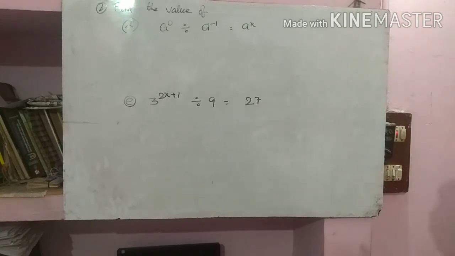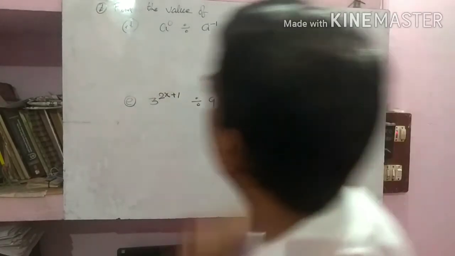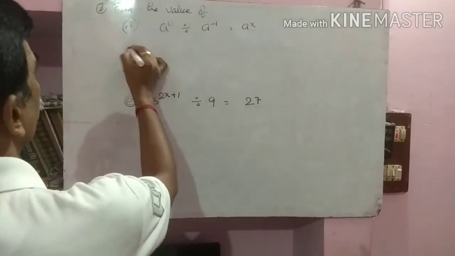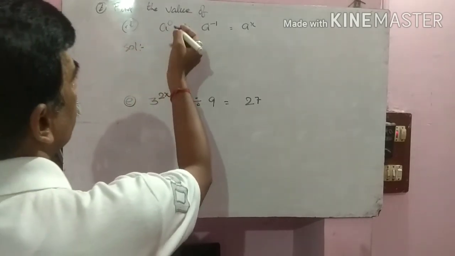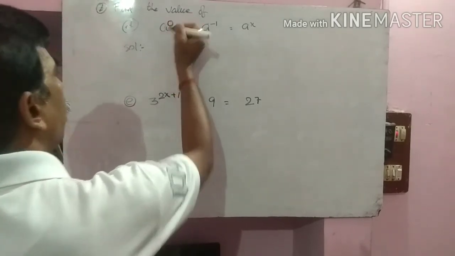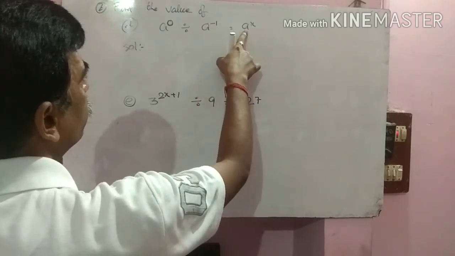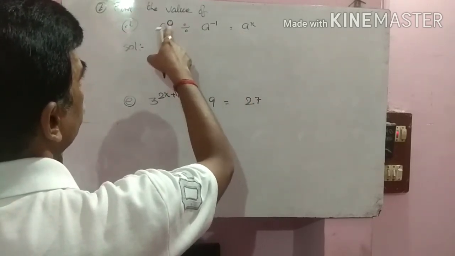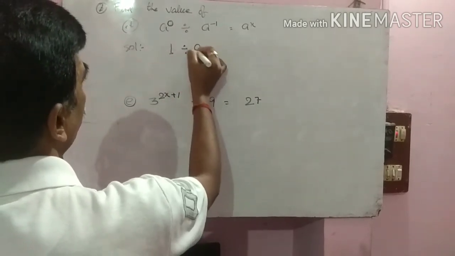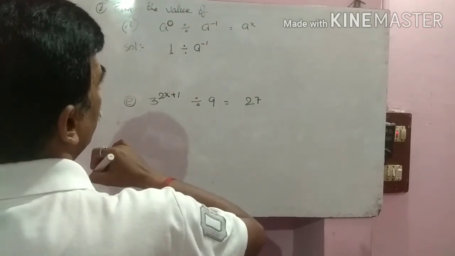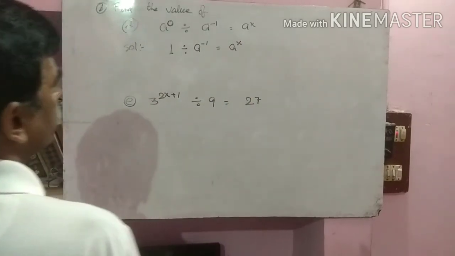Look here, question number D. We have to find the value of x, as given a to the power 0. As you know, if the power is 0 on any integer, this a represents any integer, the result will be 1. So 1 divided by a to the power minus 1 is equal to a raised to the power x.